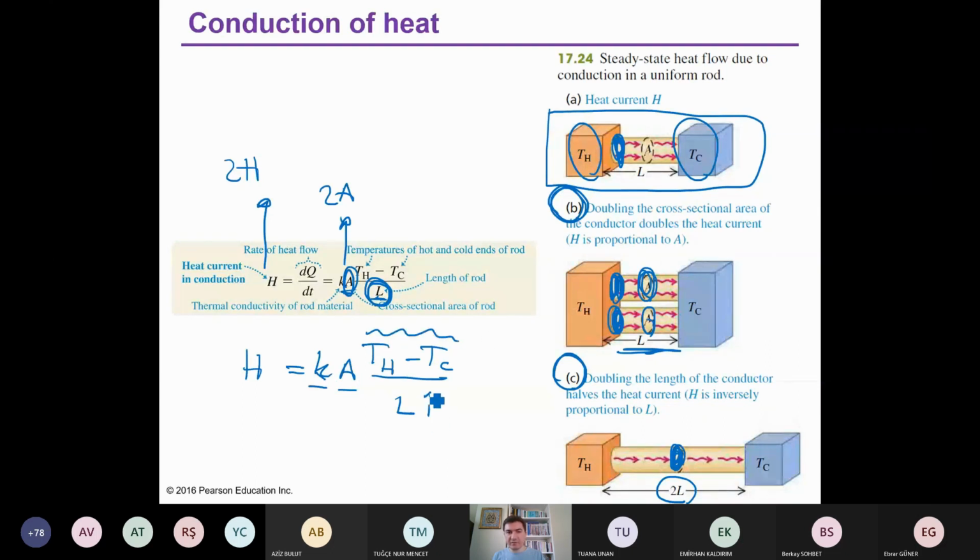Then I increase this one. If I increase the length of the rod, then the heat current will decrease. Okay, so this is the relation between area and length of the thermal conductor and heat current.